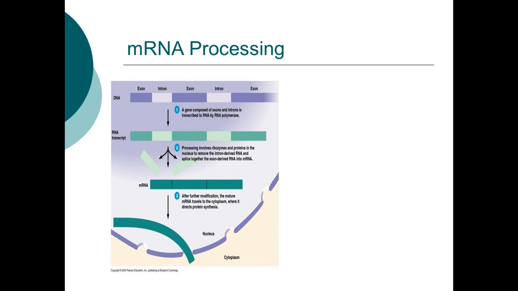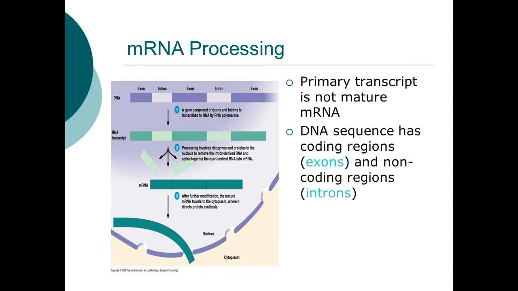The processing of messenger RNA. The primary transcript is not considered mature mRNA. It's got some things in it that don't need to be there. The DNA sequence has coding regions, called exons, and non-coding regions, called introns.